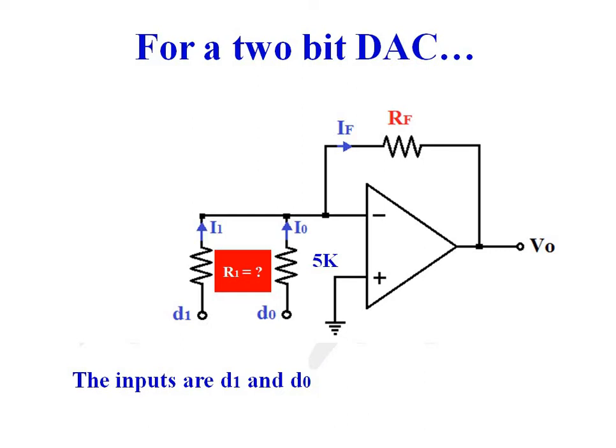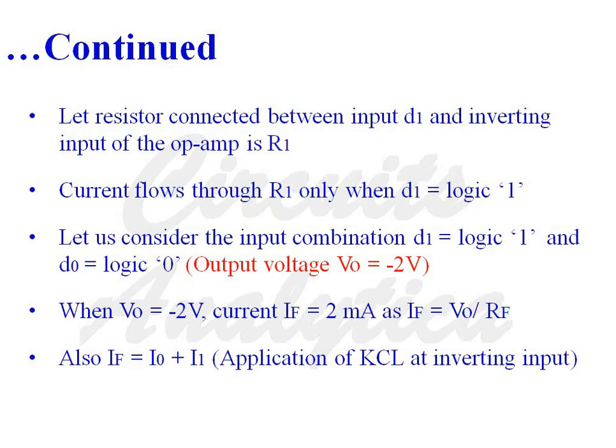So the unknown term is the value of resistance R1. Let the resistance connected between input D1 and the inverting input of the operational amplifier be R1. Current flows through R1 if and only if D1 is equal to logic 1.